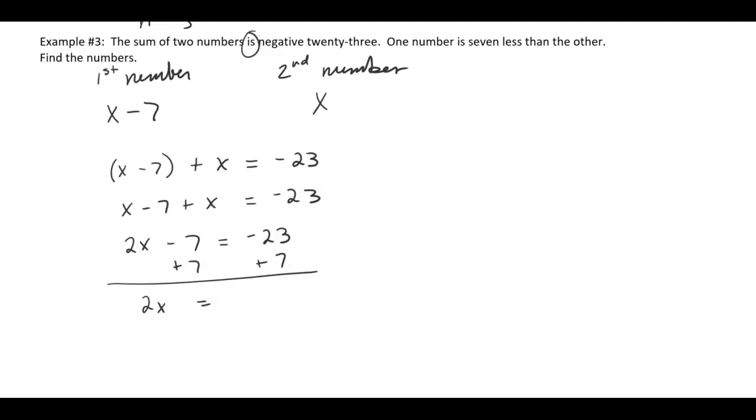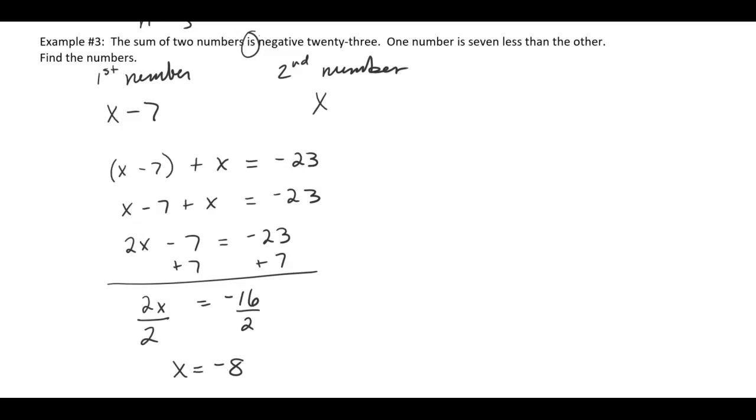Get x by itself. Okay, negative 23 plus 7, so I've got a negative 23 in the bank, deposited $7. Now I've got negative $16. Okay, one more step, that's divide by that coefficient, so we're going to divide by 2. And we get x equals negative 8.